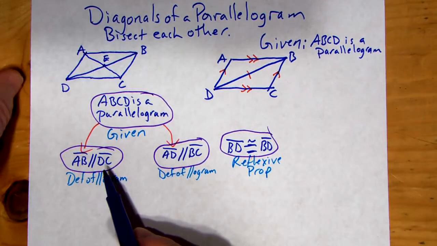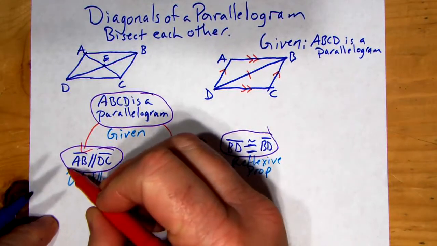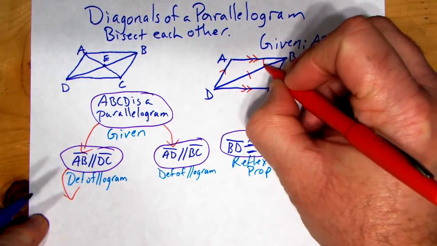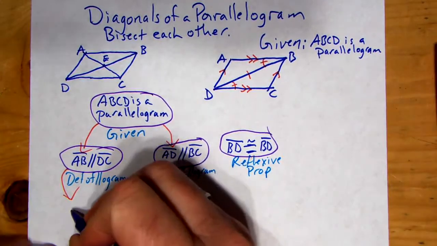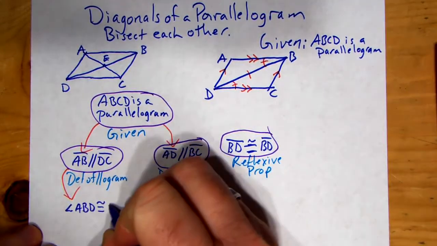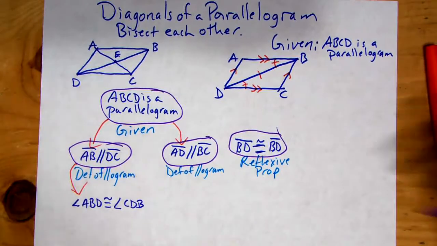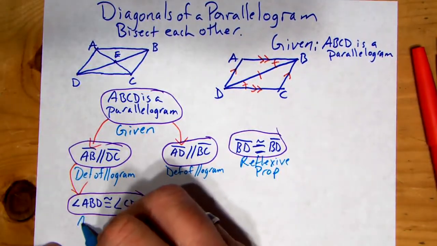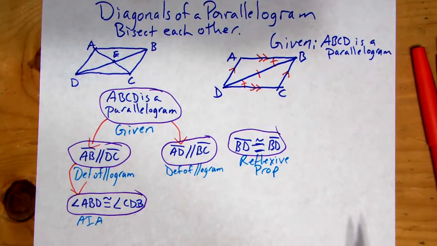Now coming back over here to my parallel lines, because AB is parallel to DC, I'm going to be able to state that angle ABD is congruent to angle CDB. Those are alternate interior angles, so that will be my reasoning for that. And that's by the alternate interior angles theorem.